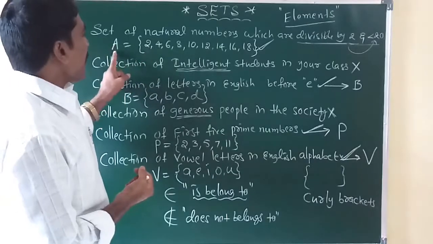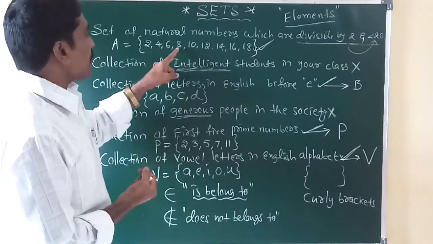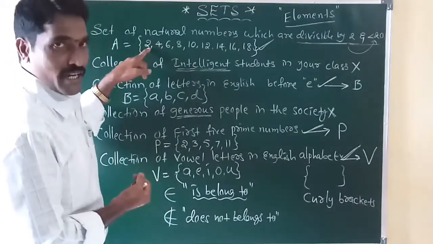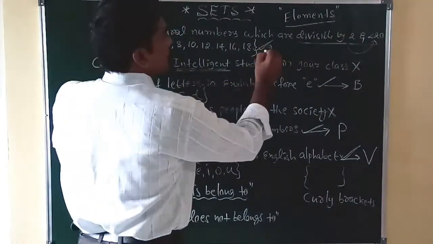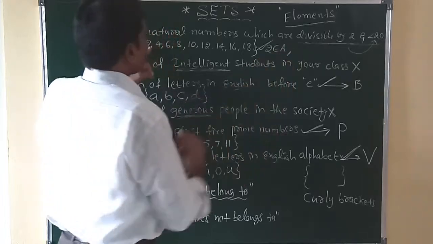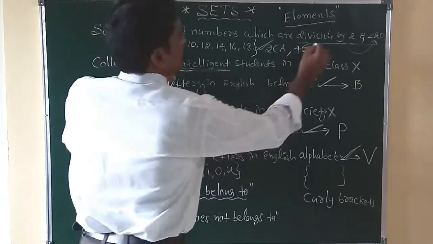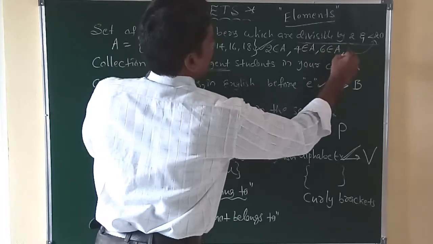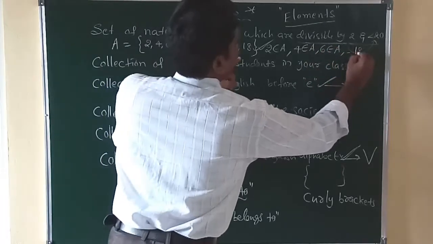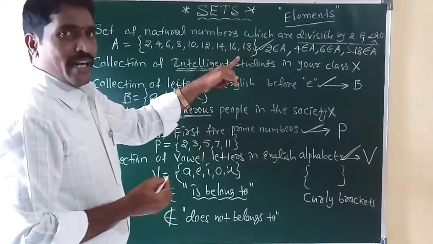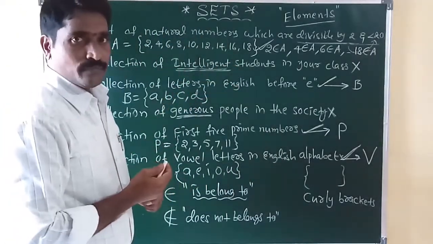In this, set A is equal to 2, 4, 6, 8, 10, 12, 14, 16, 18. We can write that 2 belongs to set A, 4 belongs to set A, 6 belongs to set A, like that, up to 18 belongs to set A. Is the element 17 in the set A?